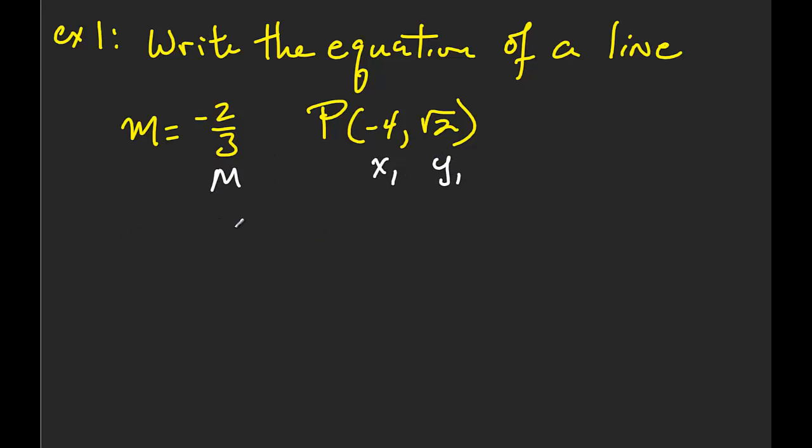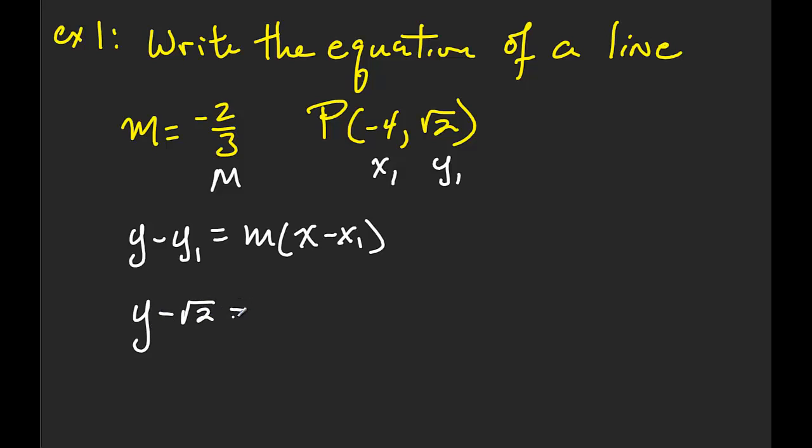Since our formula has this all laid out for us, again, y minus y1 equals m times x minus x1, all you do is fill it in. So it's y minus radical 2 equals -2/3 times x plus 4. Remember, this is -4, that's a negative, so they change signs.